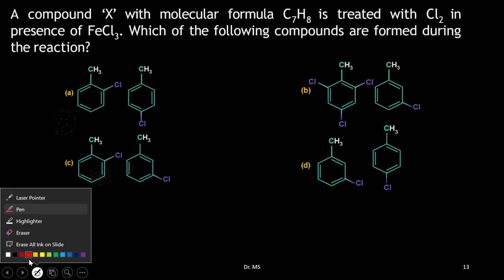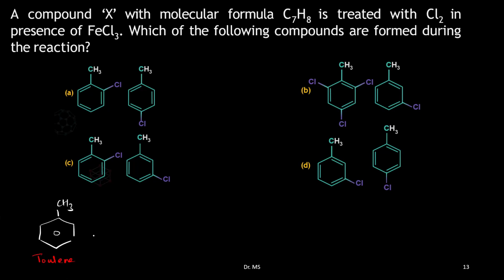So this benzene ring with a CH3 is treated with the chlorine in presence of iron chloride. So why we are using FeCl3 and Cl2? To simply get the electrophile. Yes or no? I told you that Cl2 in presence of FeCl3, what happened? This will convert into Cl plus and FeCl4 minus.